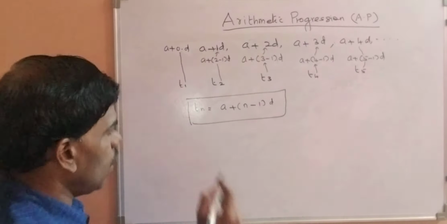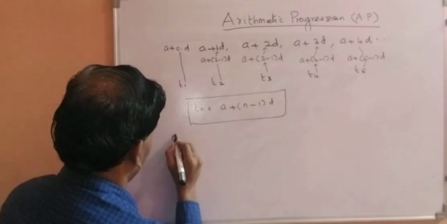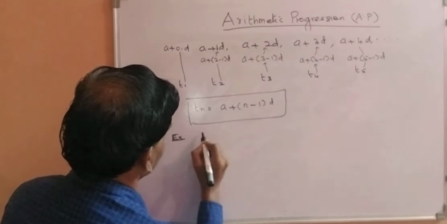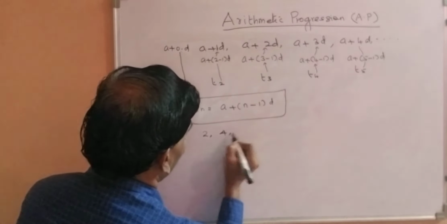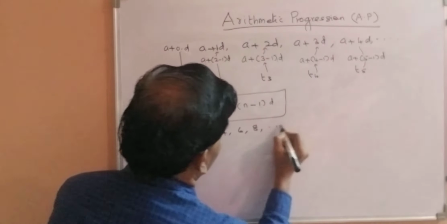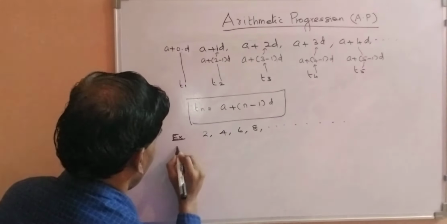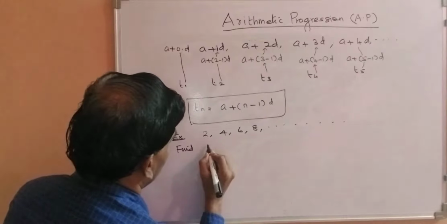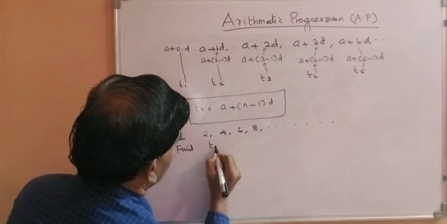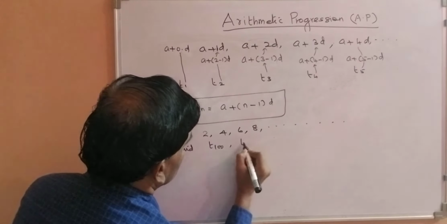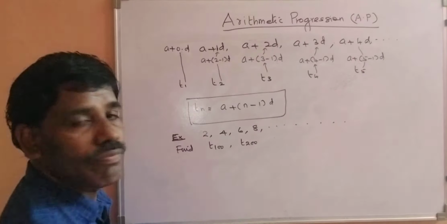Okay, for example, now 2, 4, 6, 8 like that. Find T100, T200.